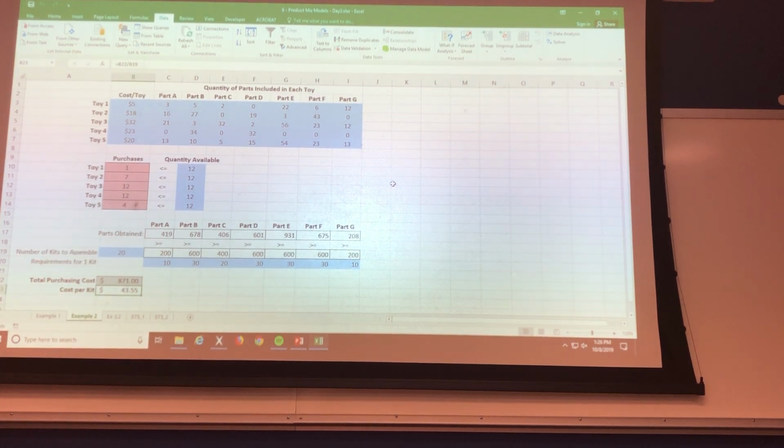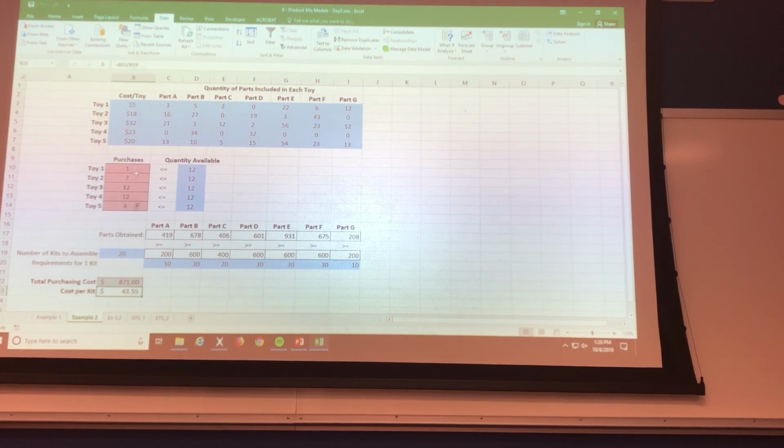Whenever I have something that's going to be output in solver table, I have a tendency to name that cell. You don't have to do this, but naming things really helps you in the interpretation later when you're looking at output. I would name B14 quantity or purchases of Toy 5, 5, not 4.